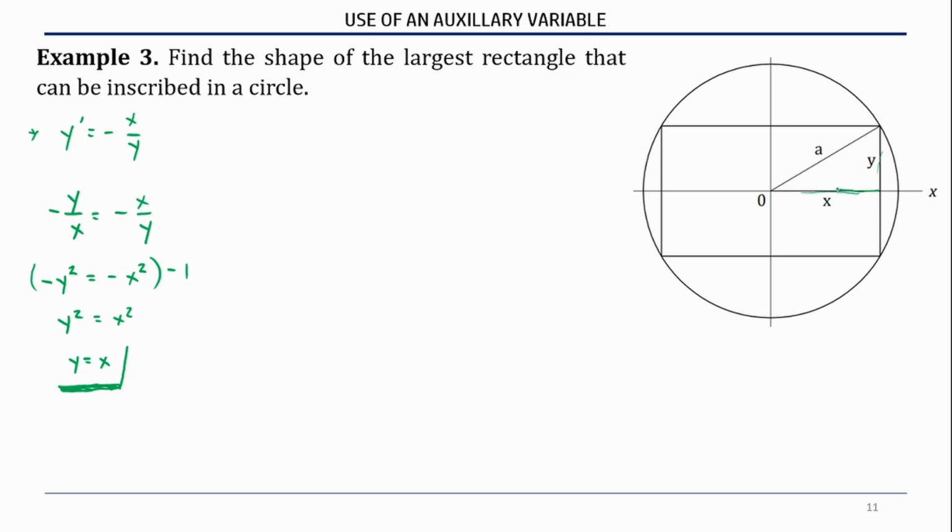So, ibig sabihin, ito ay square. Tama ba? So, yan ay square. So, therefore, yung shape ng largest rectangle na pwedeng inscribe natin sa isang circle ay square. So, the largest rectangle is a square.